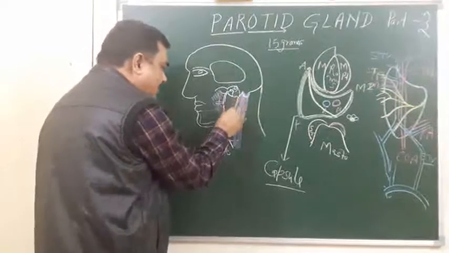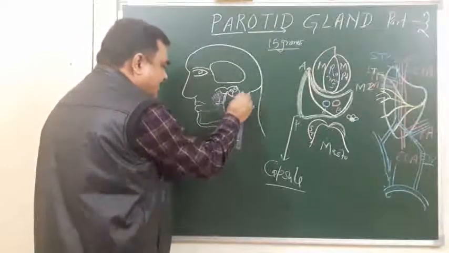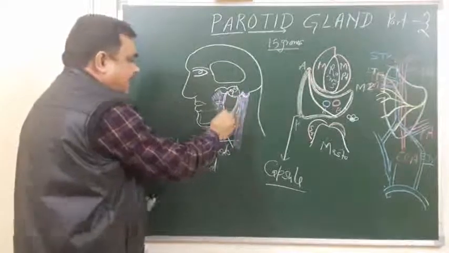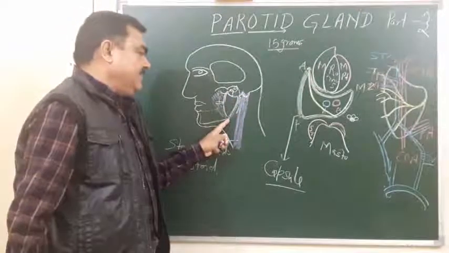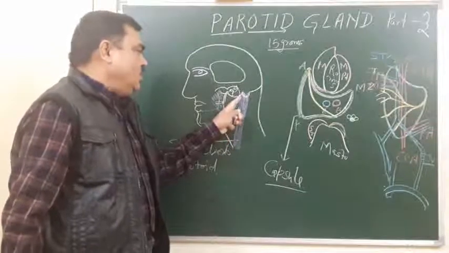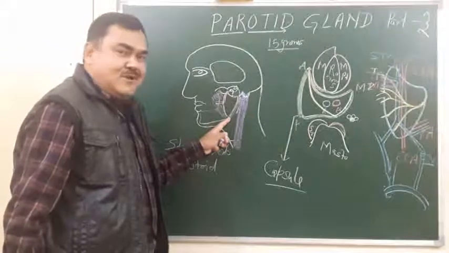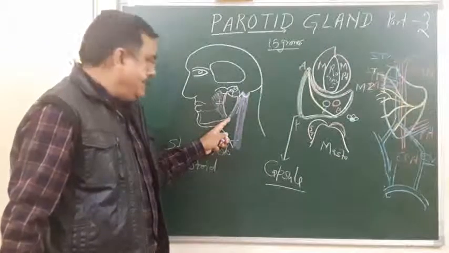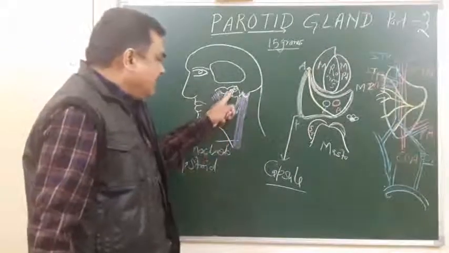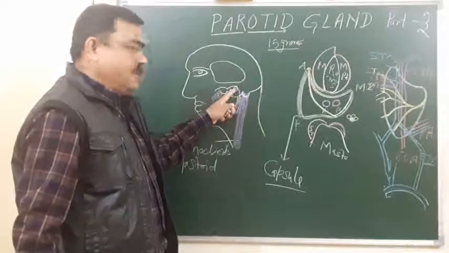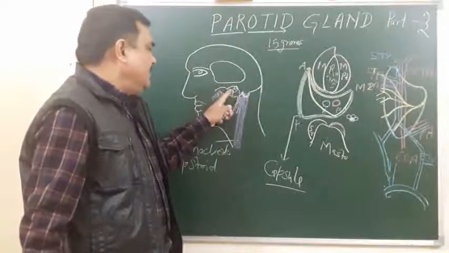This is the stylomandibular ligament, a thickening of deep fascia between the angle of the mandible and the styloid process. So the apex is related to the stylomandibular ligament, and the base is related with the external acoustic meatus and temporomandibular joint.